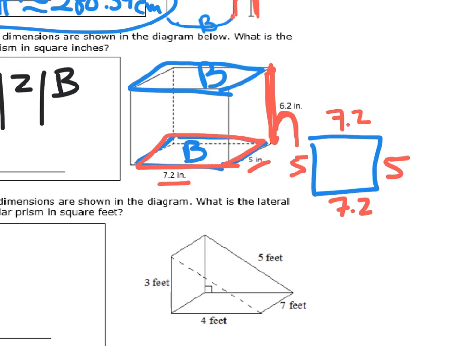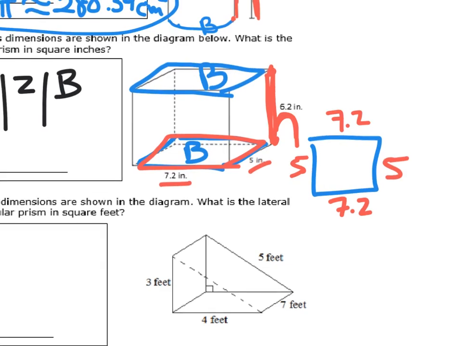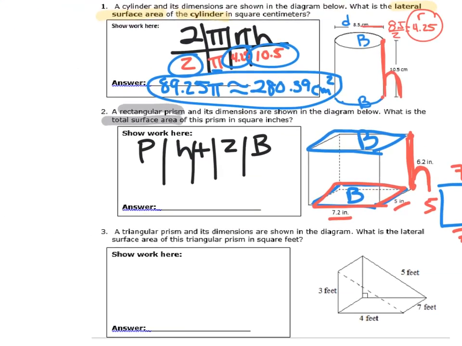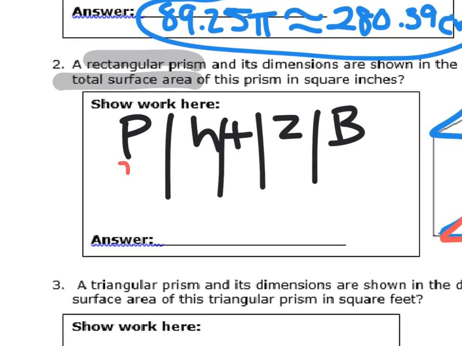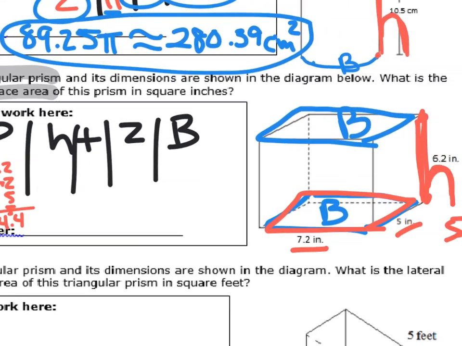There's 4 sides to my base. 7.2 plus 7.2 plus 5 plus 5, and we get 24.4.